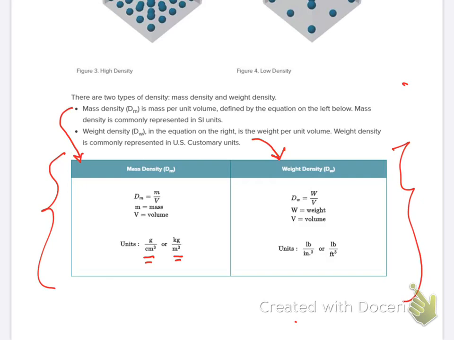Weight density, you'd be reporting in pounds per inches cubed or pounds per feet cubed. All right, so the important thing is knowing that you have cubic measurements for volume in both cases. All right, we're going to use these equations to work on our homework sheet.